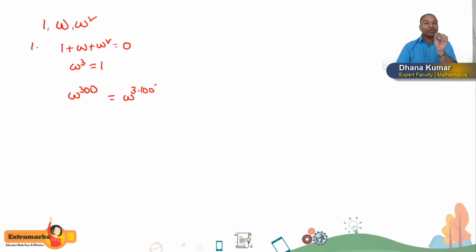Because we know that omega cube is 1. So this can be written as omega cube whole power 100. Is it correct or not? Because x power m whole power n is x power mn. Omega cube is 1, and 1 power 100 is 1. So the answer is 1. In this way you simplify the given question. Understood? Fine.